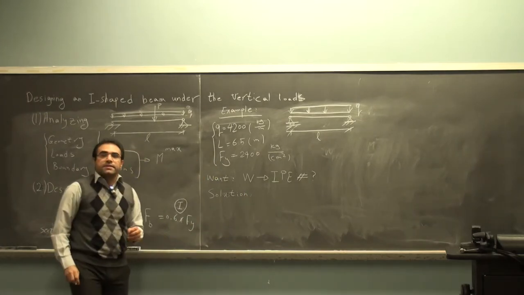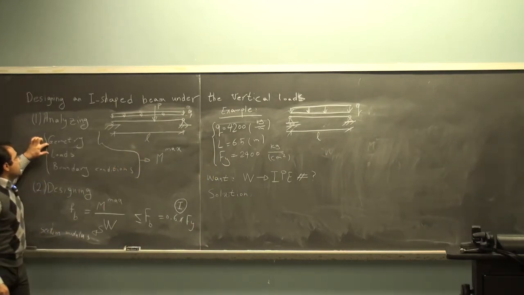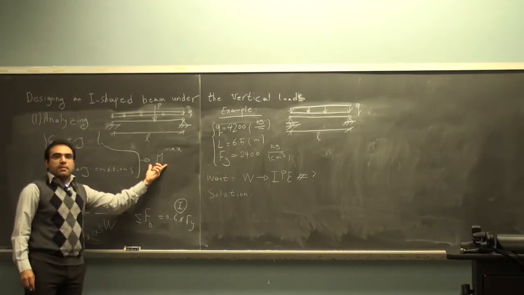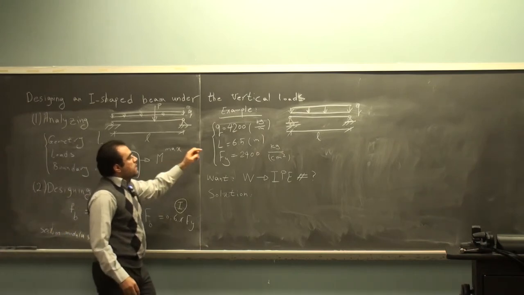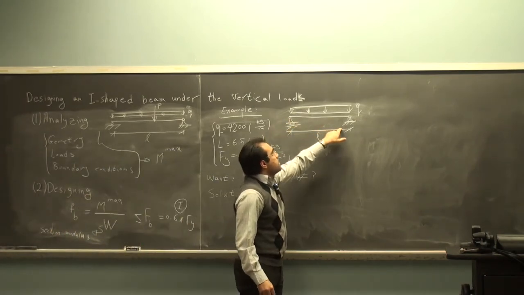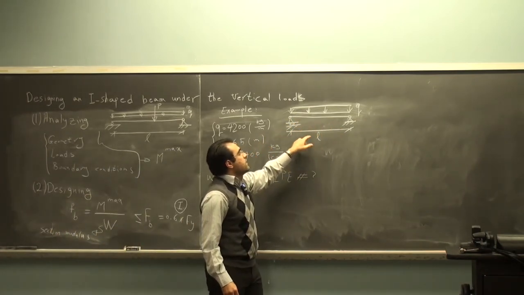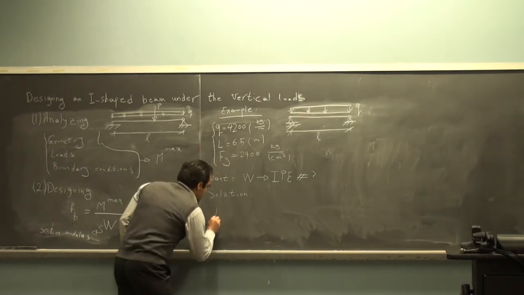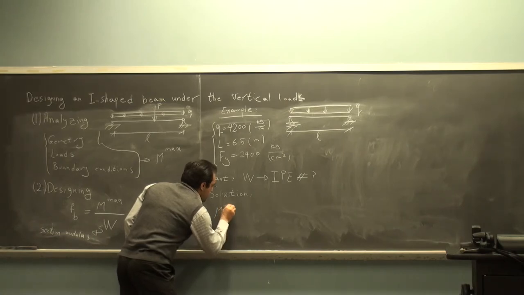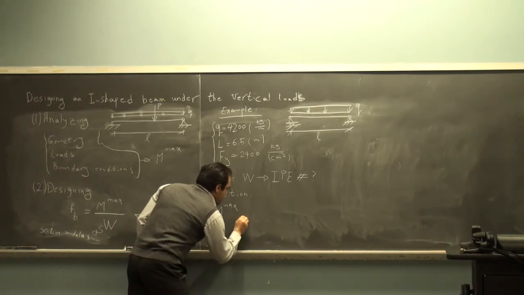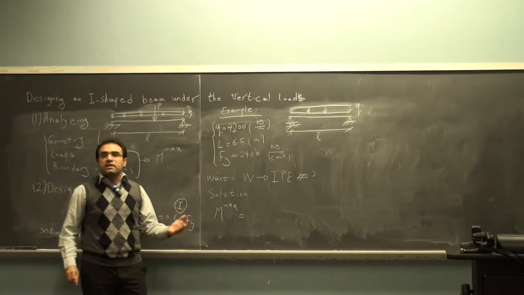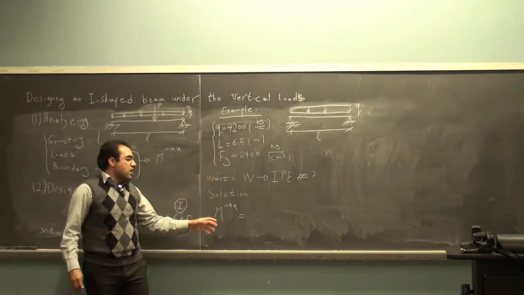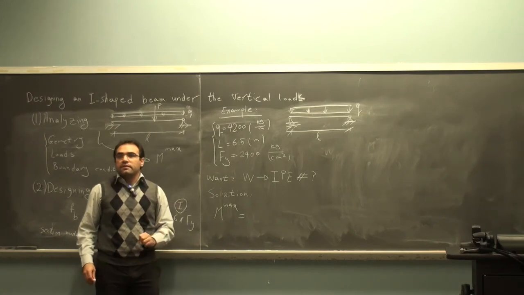As I explained here, when we have geometry, when we have the loads, and when we have the boundary condition, we can calculate the maximum M. So here we have 2 simple supports at the end. We have length of L, and we have a uniform distributed load. So I can calculate the maximum moment. Can you remember from the structural analysis that in this case, how much is the maximum M? Yes.